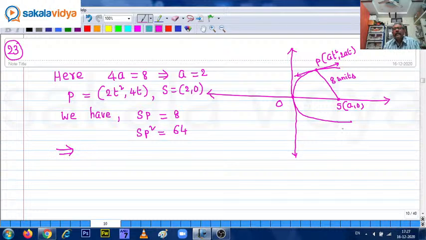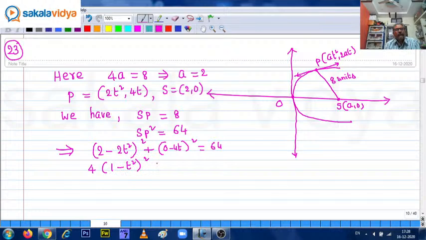So that is 2 minus 2t square whole square, x2 minus x1 square, plus y2 minus y1 square, 0 minus 4t square, equal to 64. Take 2 common, that is 4 times 1 minus t square whole square plus 16t square equal to 64. Divide by 4.